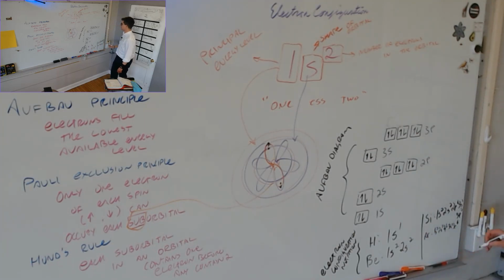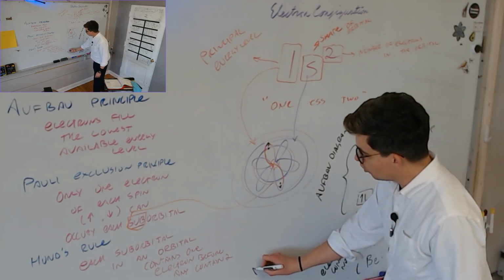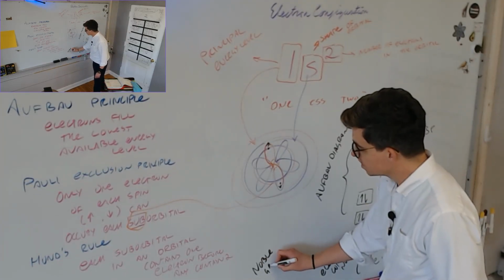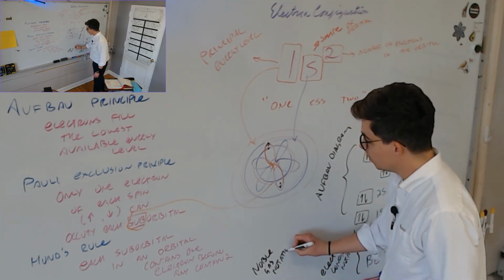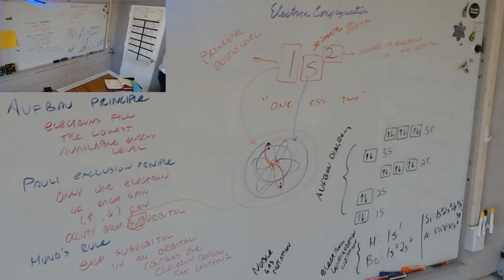But then there's an even briefer way called noble gas notation, where you go from the configuration of the last noble gas, and then you start where it is.